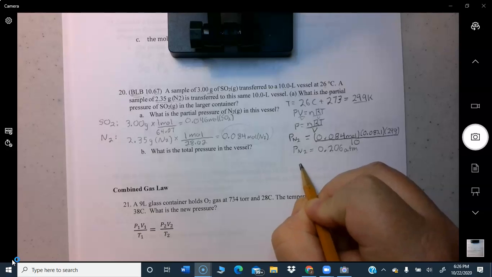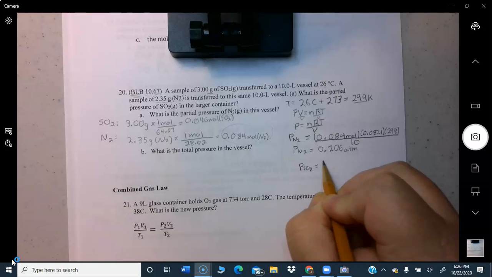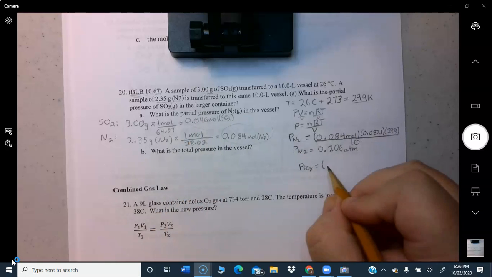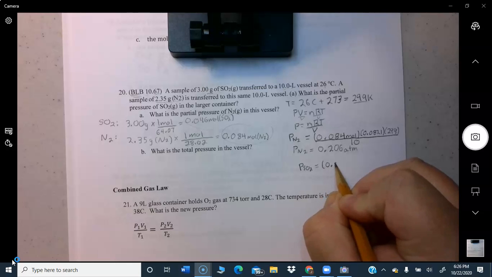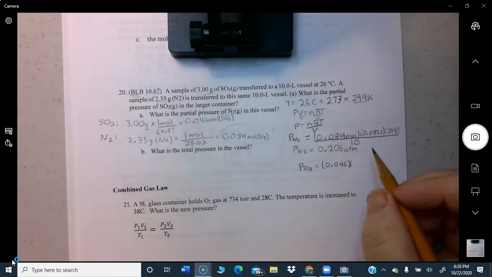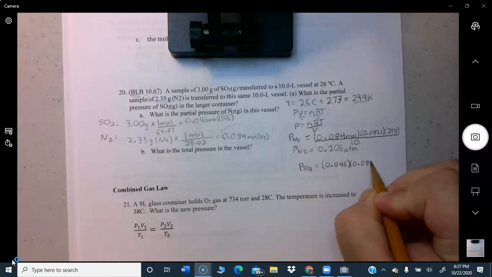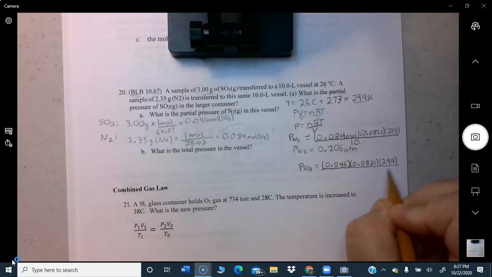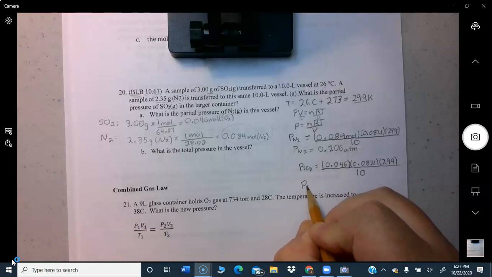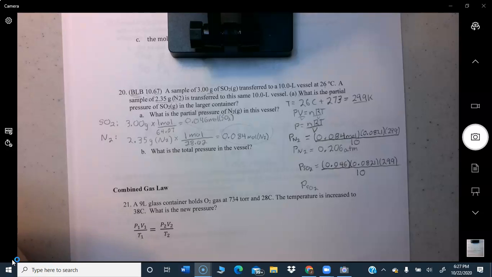Same thing down here for SO2. This time we're using 0.046. And again, I'll skip the units of measure. And same volume, same temperature. So you go ahead and do that for SO2.